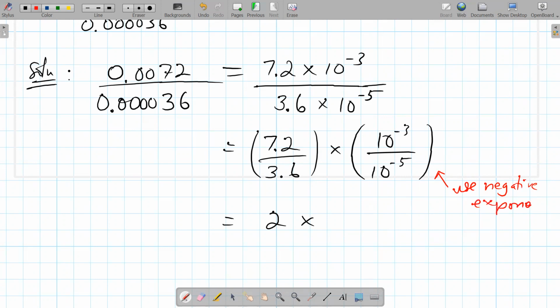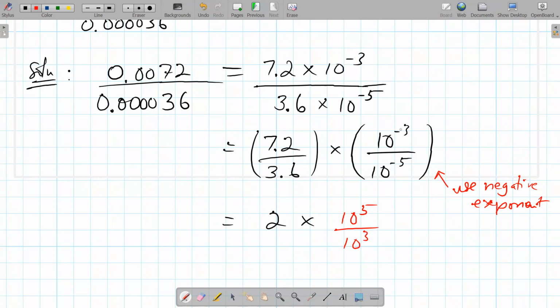Remember, with negative exponents, you need to change them to positive, and once you do that, you swap the positions. So this is the same as 10 to the 5th power over 10 to the 3rd power.